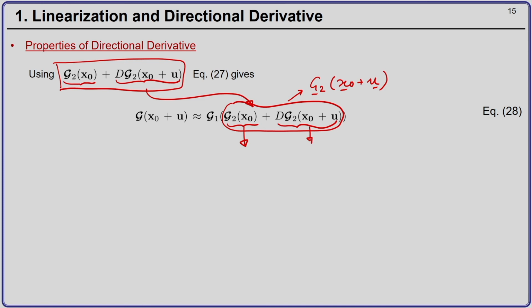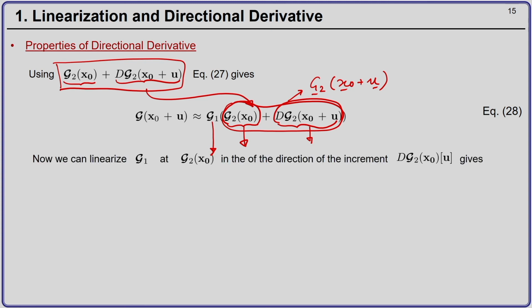So, if you have to do the Taylor series expansion of G 1 at the point G 2, in the direction given by this second term, it means you have to linearize G 1 at G 2 x 0 in the direction of G 2 evaluated at x 0 in the direction u. That is the directional derivative of G 2 in the direction u.